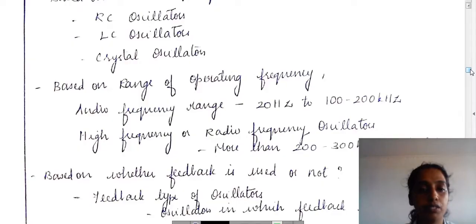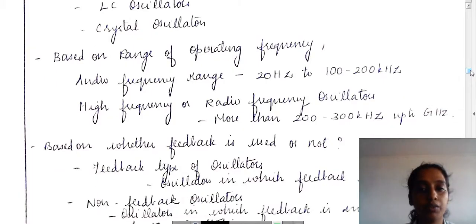Another classification is based on the range of operating frequency. It can be in the audio frequency range, that is from 20 Hz to 100 or 200 kHz, or it can be high frequency or radio frequency oscillators, more than 200 to 300 kHz up to gigahertz.